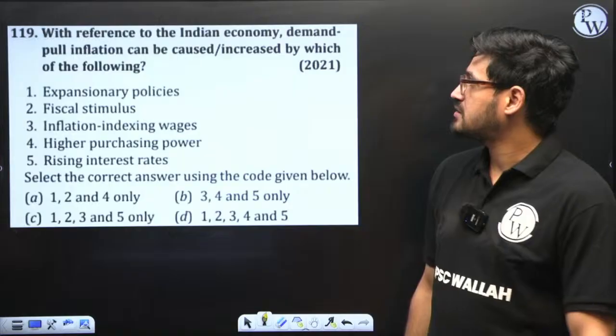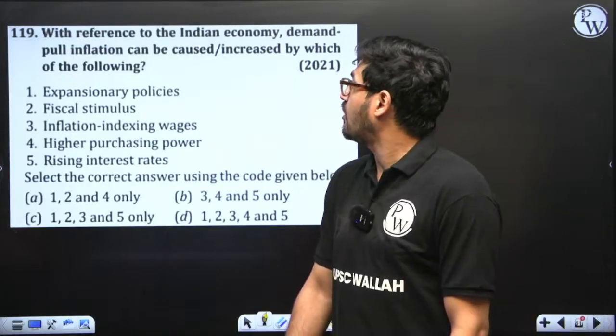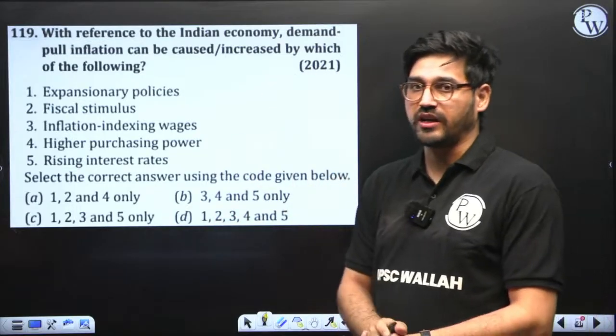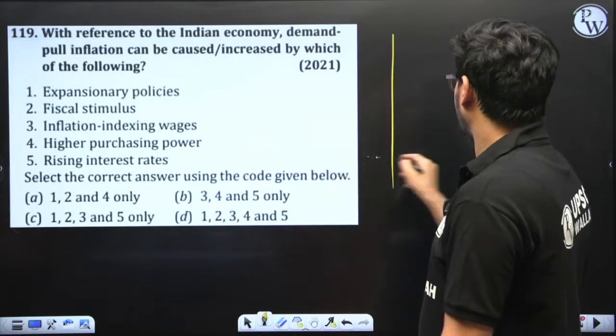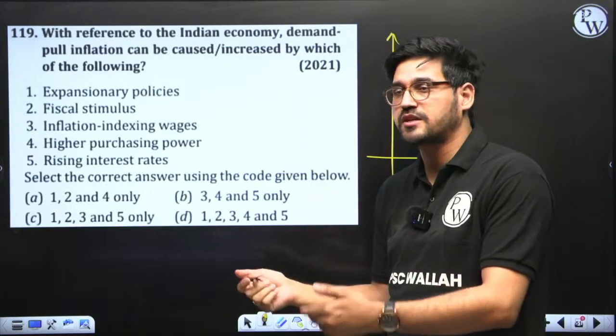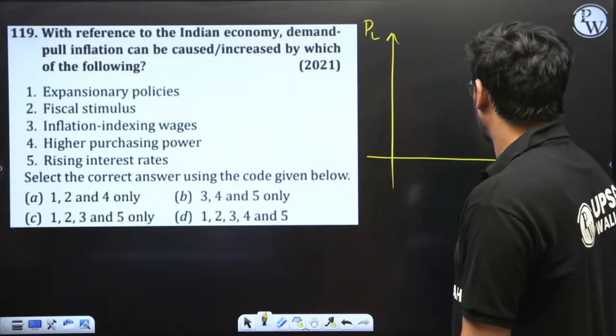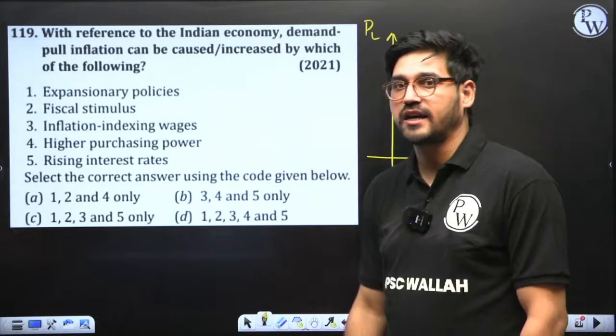The next one says, with reference to the Indian economy, demand pull inflation can be caused or increased by which of the following? Now, demand pull inflation, right? This is a macroeconomic situation where you have price levels on the y-axis and output on the x-axis.